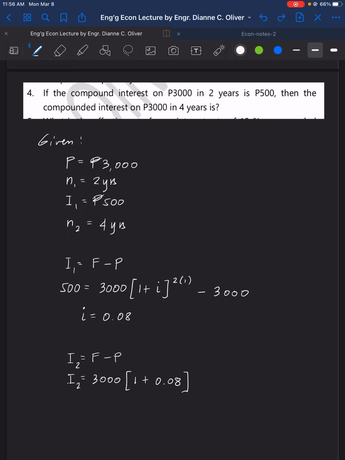This time this is N of 4 years, minus 3,000. So what is the value for I2? Here the value for I2 is equal to 1,081.47 pesos.